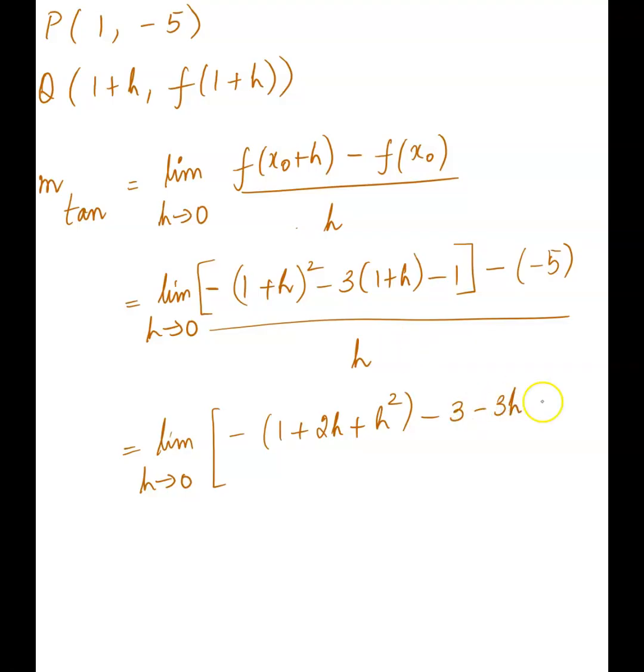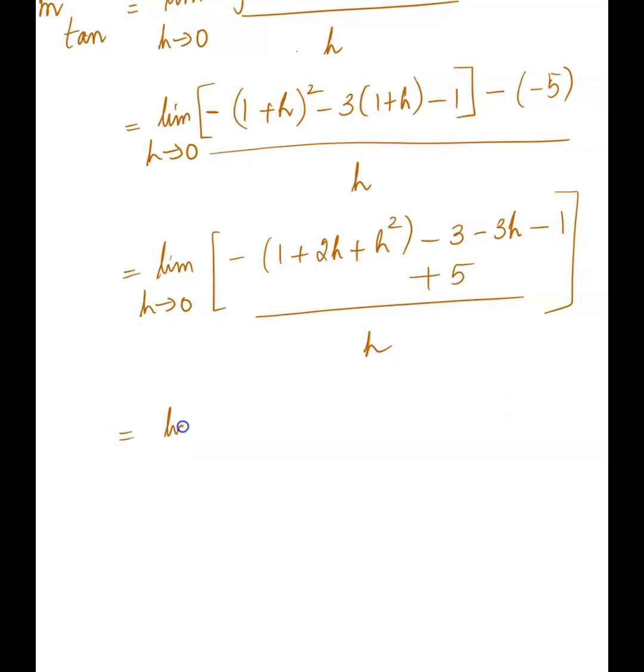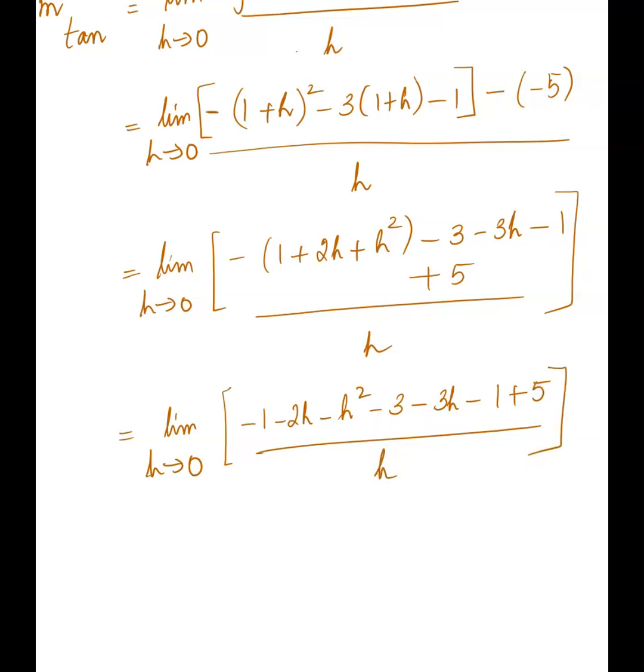Then distribute the -3, all over h. Now combine all like terms.